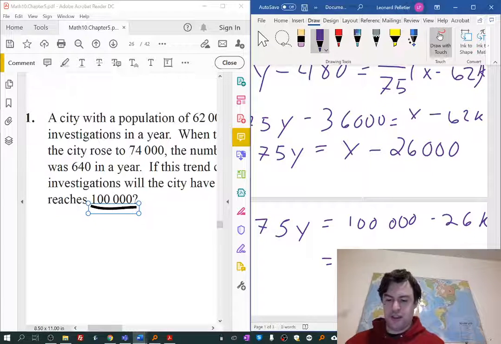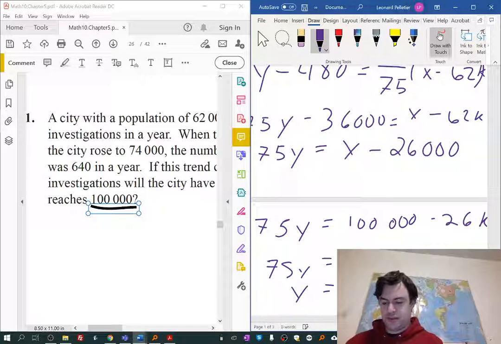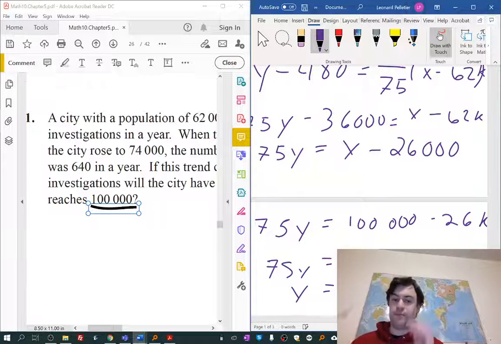So that works out to be 74,000 equals 75y. And then to solve for y, just divide 74,000 by 75. And I get the same number, 986.6. We'll call it 987.